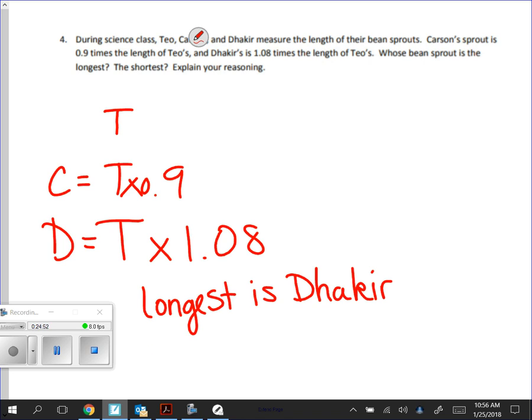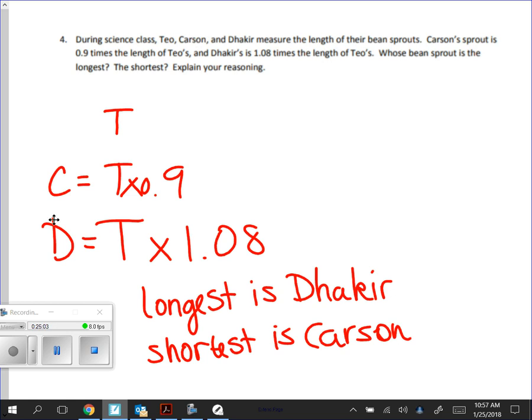So the shortest is Carson. Teo's just kind of in the middle, almost the same as Carson.